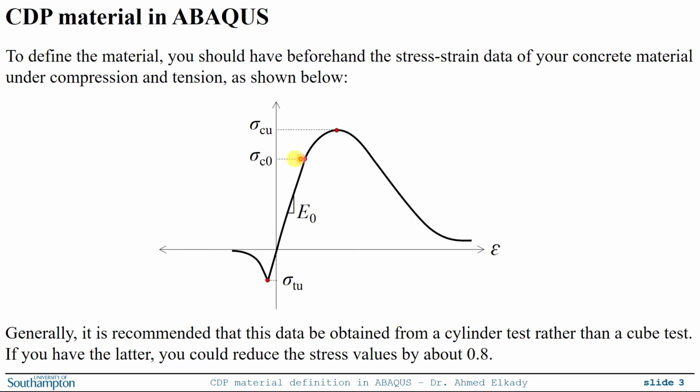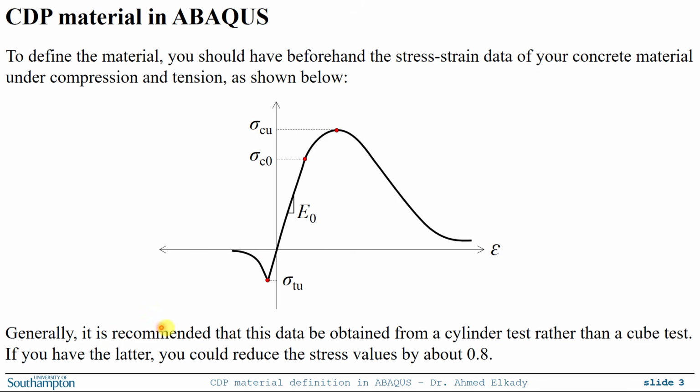So this is the theoretical end of the elastic branch. And on the tension side, you have the ultimate tensile capacity beyond which cracking will happen, and then the material will start cracking and tensile damage will happen.